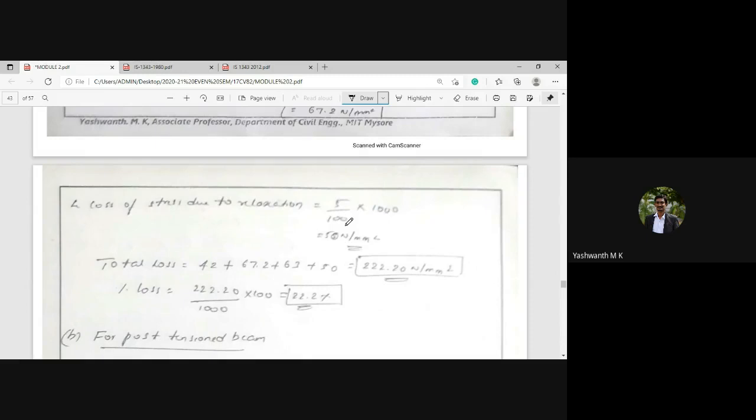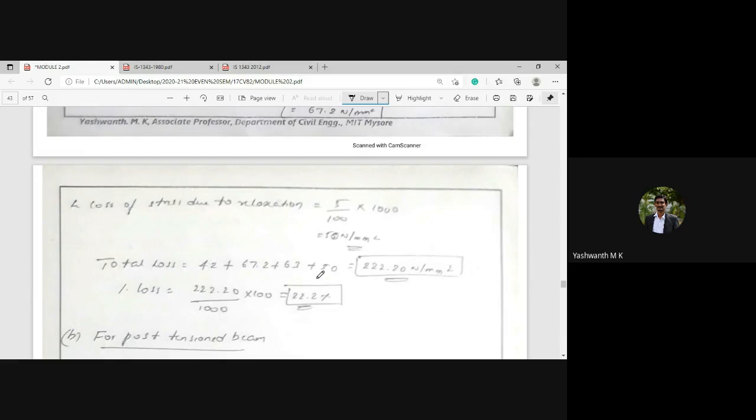In the absence of relaxation data, you can go to the code, to Table 6, and pick up those values. Is it clear? So these are the losses. Now in order to calculate the percentage loss, let us sum up all the losses. That is the total loss: loss due to elastic deformation 42, loss due to shrinkage 67.2, loss due to creep 63, plus the loss of stress due to relaxation, that is 50.